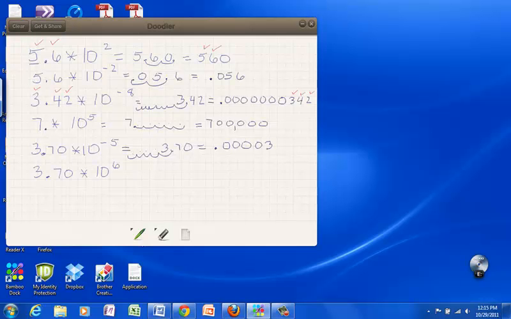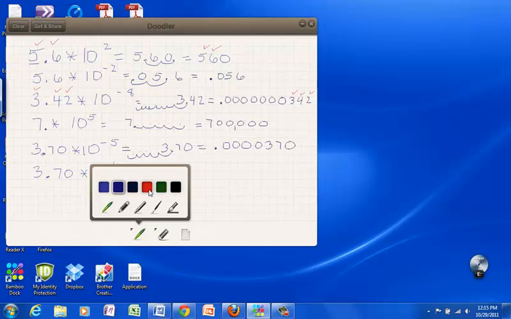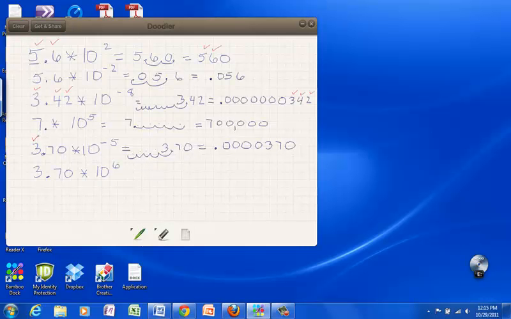And then 370. Now 3.70 is a number that has 3 significant digits. This 0 behind a decimal is considered a significant digit, and so you do want to include the 0 over there to count that as a significant digit as well.